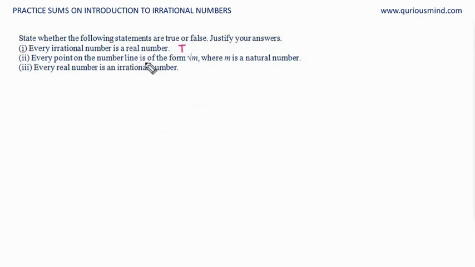Every point on the number line is of the form root m, where m is a natural number. M is a natural number, that means m can be 1, 2, 3, 4 and so on. Now, if I find root of 1 on a number line, this will represent somewhere here. This is root of 1, let's say. And this is going to be the root of 2.